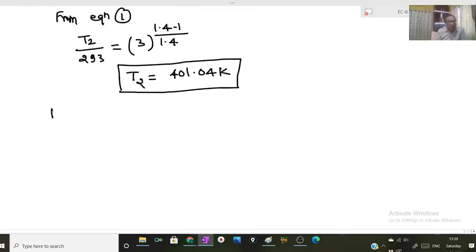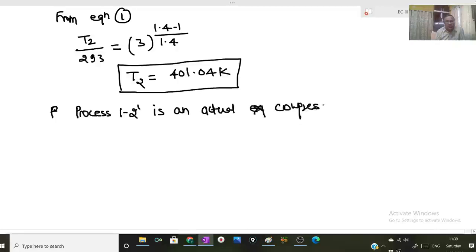Now T2 is not the actual temperature what we would get. T2 dash is the actual temperature. So process 1 to 2 is an actual compression process.